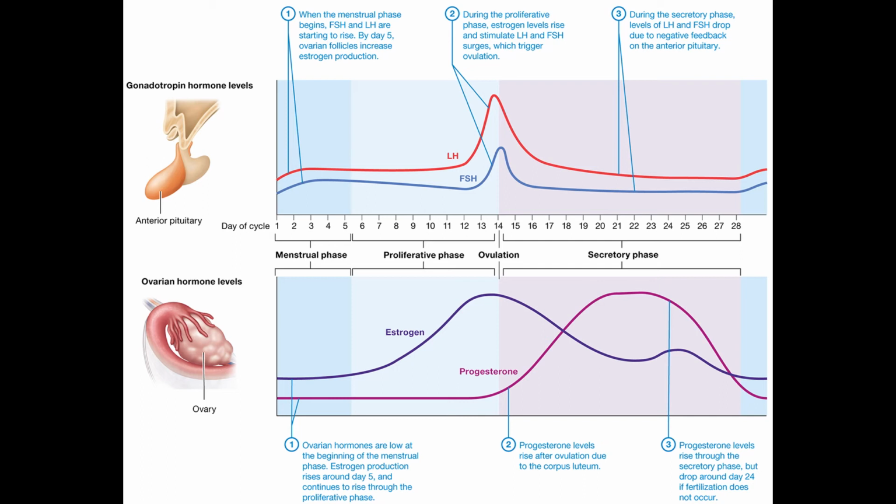As you can see, at the beginning of the menstrual phase, follicle-stimulating hormone and luteinizing hormone levels begin to rise. Ovarian hormones, however, are at their lowest normal levels until day 5, at which point growing ovarian follicles begin to produce more estrogens.